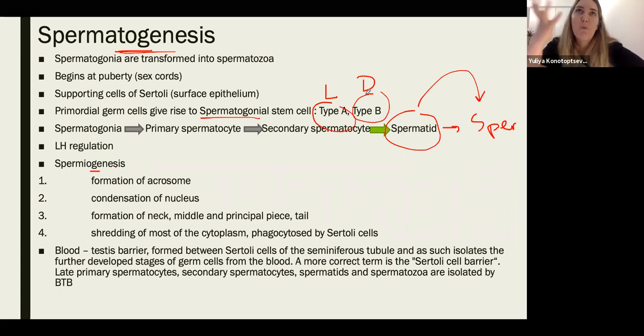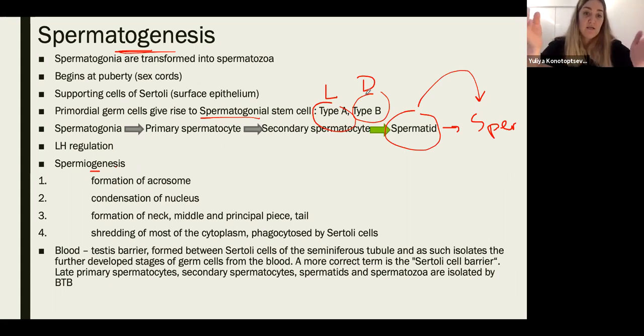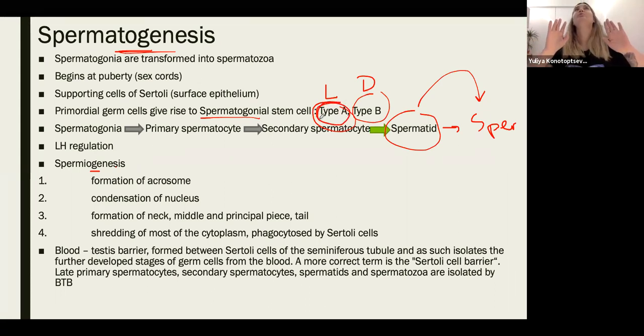So how is it possible that a male, even in his 70s, can still make spermatozoa? The answer lies in a stem cell. For sure, a male has to have a stem cell that is just sitting there and actively dividing. So you need to remember that type A spermatogonial cell will always be a stem cell.